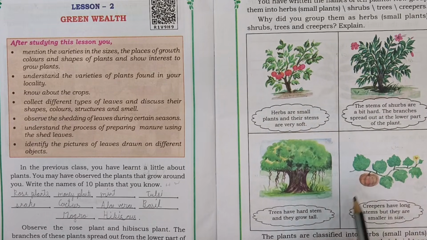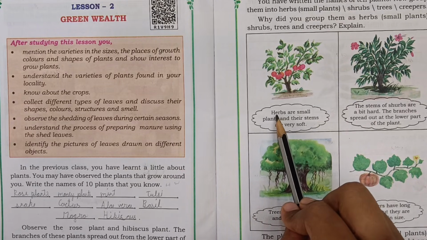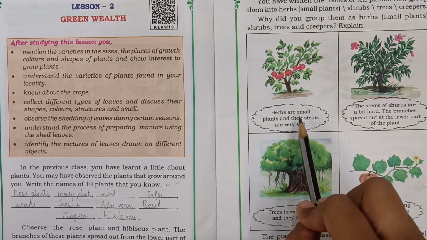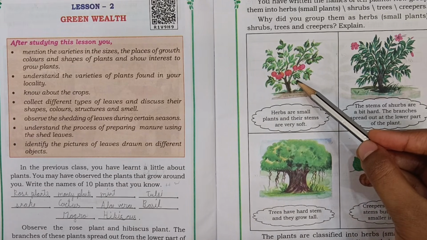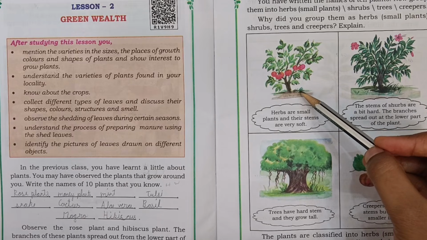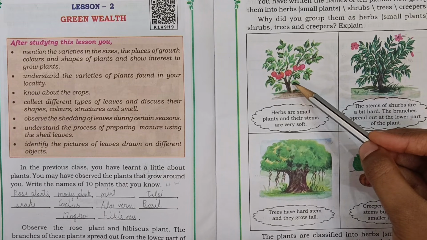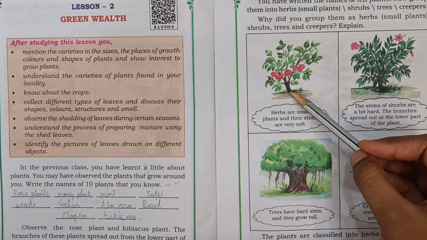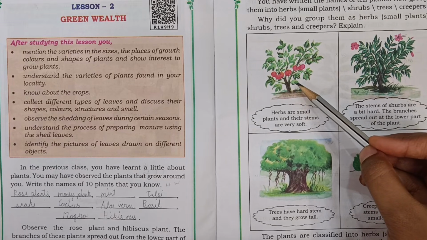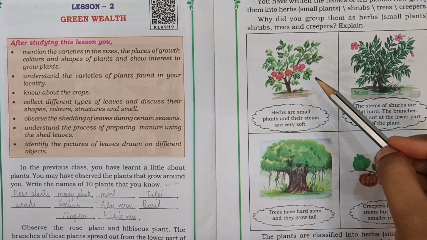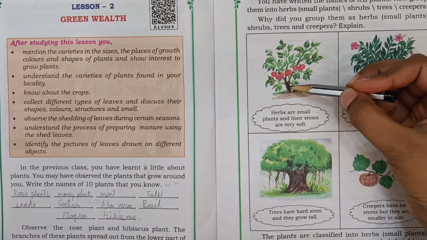Next, here they have given some plants and trees, and we will come to know which category they belong to. Herbs are small plants and their stems are very soft. Here they have given a tomato plant. It will come under herbs and the stem of this plant is very soft. Okay. Stem means this part.